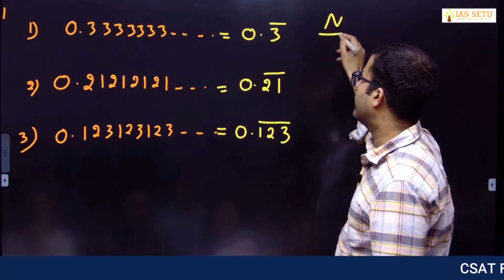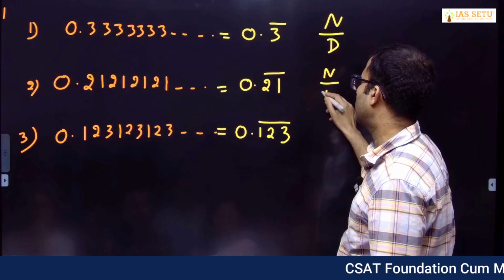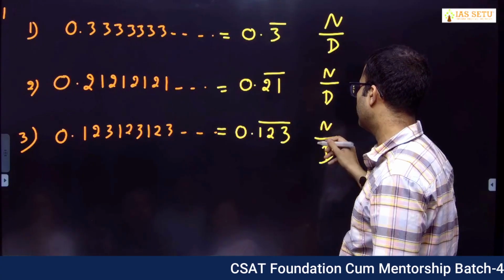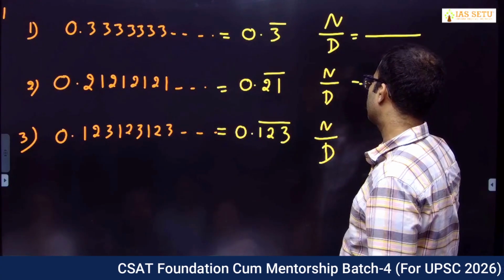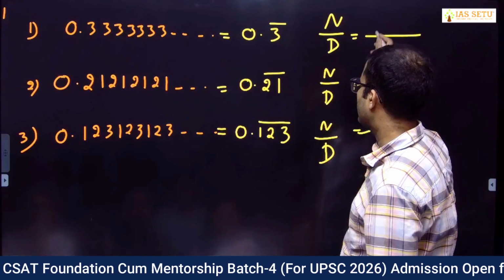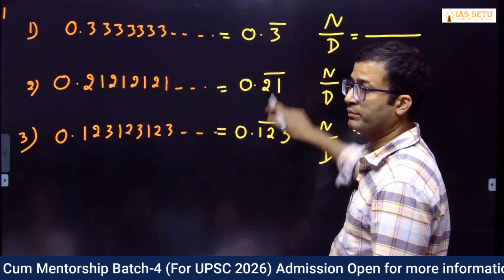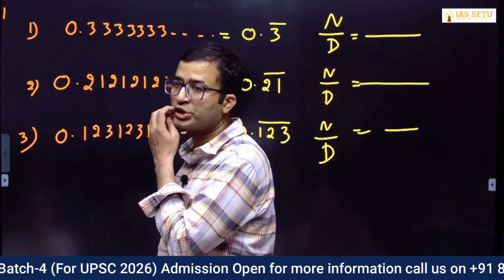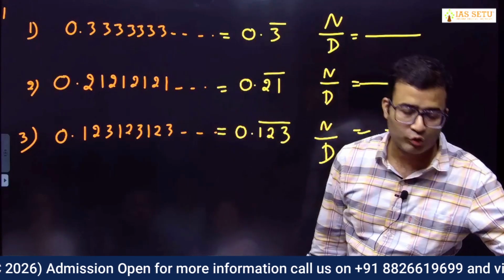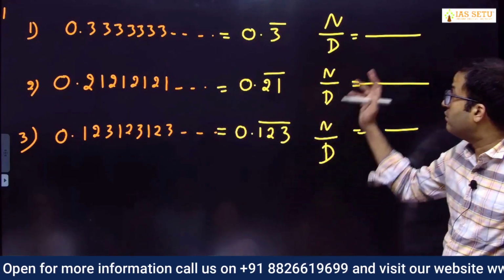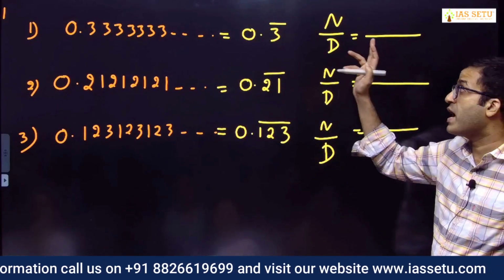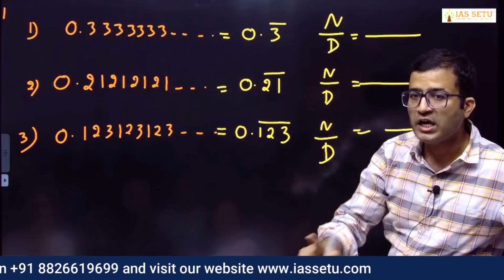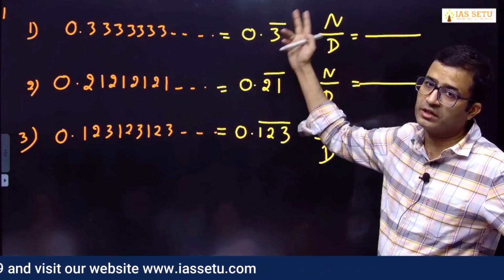Now here numerator upon denominator, numerator upon denominator, numerator upon denominator. So I start with the first example. First I tell you the denominator. I tell you the rule for the denominator, a short trick. Our rule here is, in our denominator we have as many 9s as there are digits under the bar.